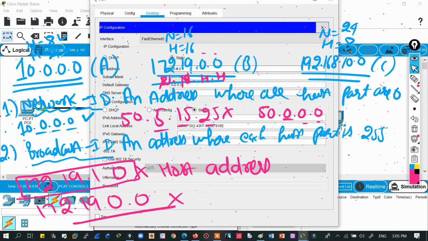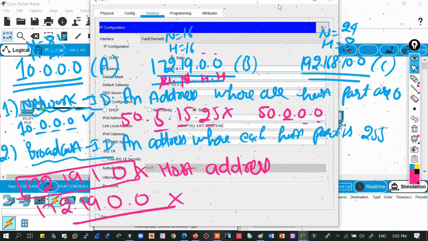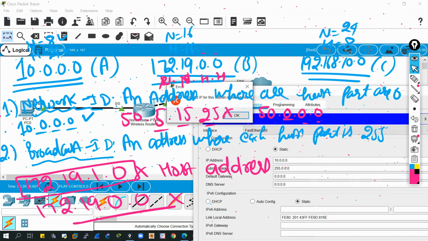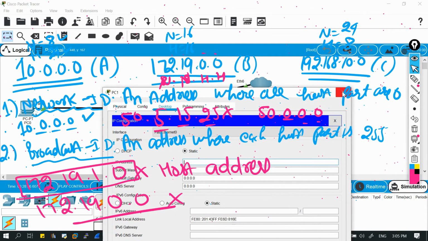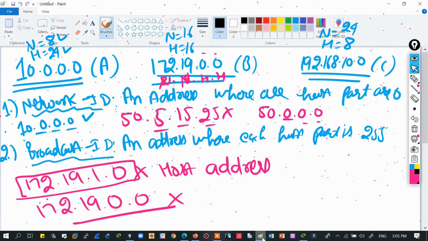If I take an example and set the address ending in 0, you will get an invalid IP for this interface. It means 10.0 can never be used as an IP address. Always remember this part: the first IP is known as your network ID.